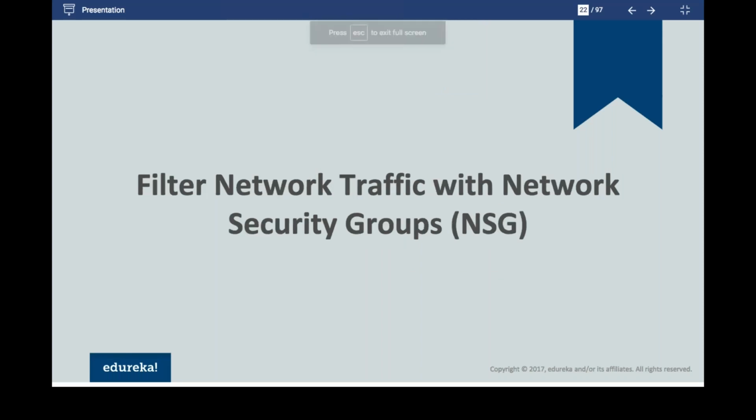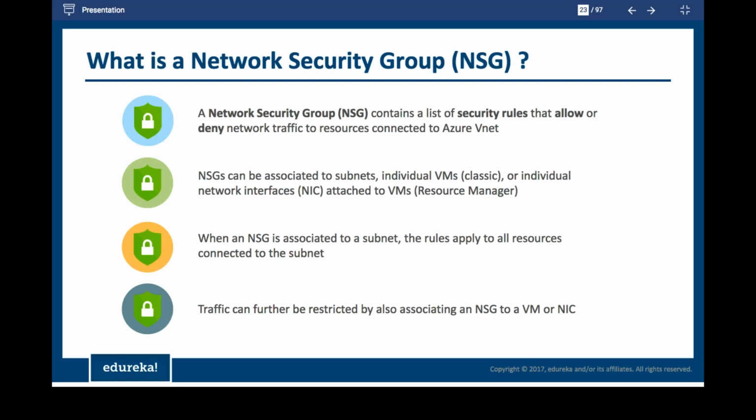So filtering network traffic with the network security groups. The network security group is again with the inbound and the outbound connectivity. It consists of the security rules that you are going to specify, which is to be allowed or which is to be denied. That will be associated with the subnets, with the virtual machines, with the network interface card.